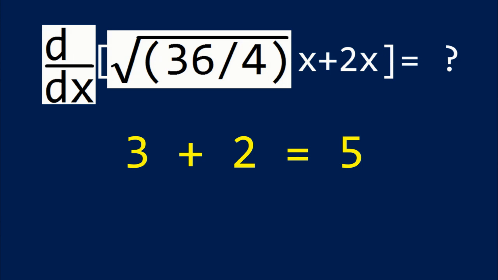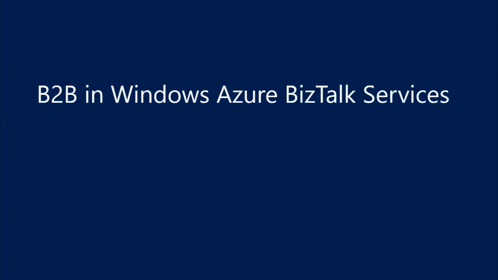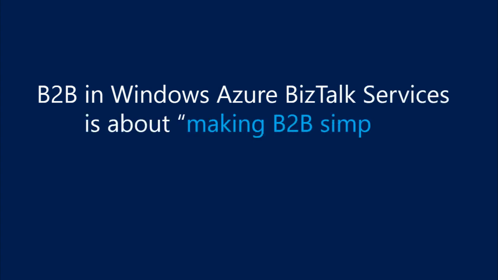And integration is all about, the yellow equation that's much simpler than the one above, although both are really the same thing, right? So what we want to say is B2B on Windows Azure BizTalk services is all about making B2B simple. Again, in the last session, if you saw John's talk, he had actually shown this nice matrix and said, hey, can anyone read EDI?